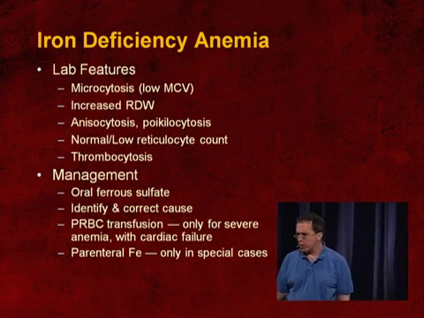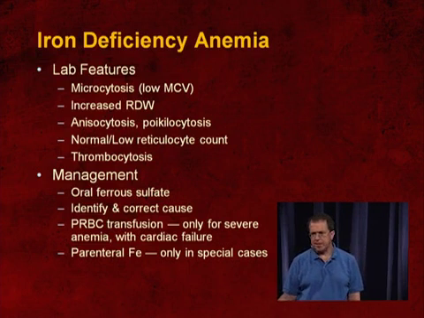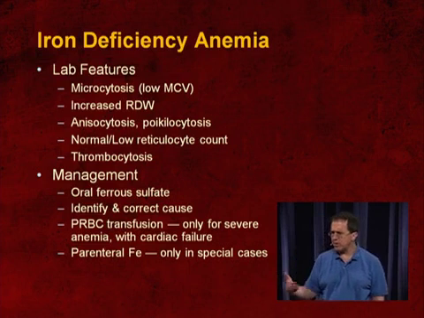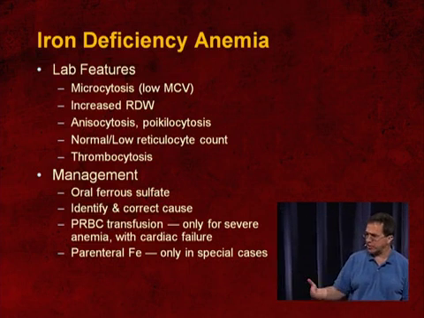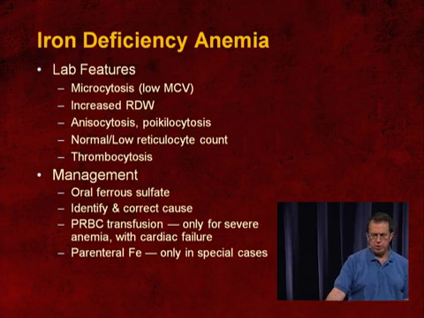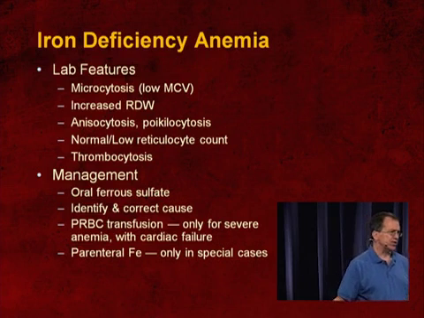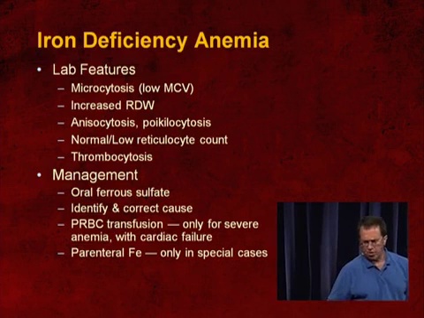If something happens and you're anemic, your marrow's going to turn on and make retics, right? If everything's good. But if it doesn't have the raw materials, it's not really going to. So your retic is going to be normal, which is not normal for having anemia, correct? Or it's going to be low. And thrombocytosis, okay? See it all the time.